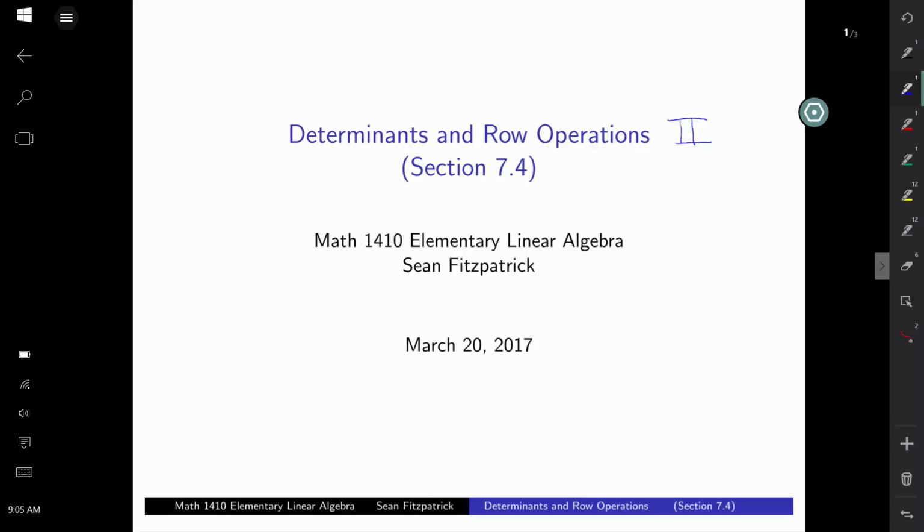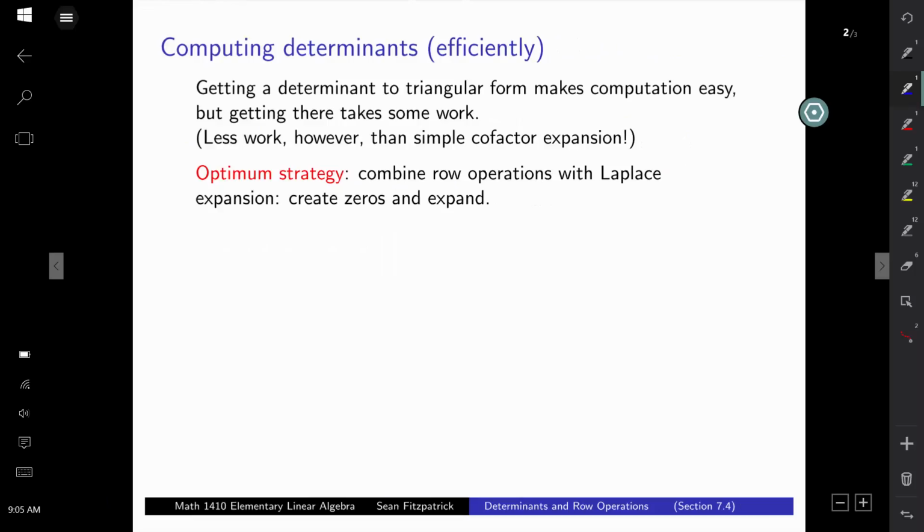we saw that we can use row operations to reduce a determinant down to triangular form, where that determinant becomes much easier to compute. Now, in a lot of cases, if you want to come up with an optimal method for computing the determinant, you can do a combination of row operations and cofactor expansion, right?